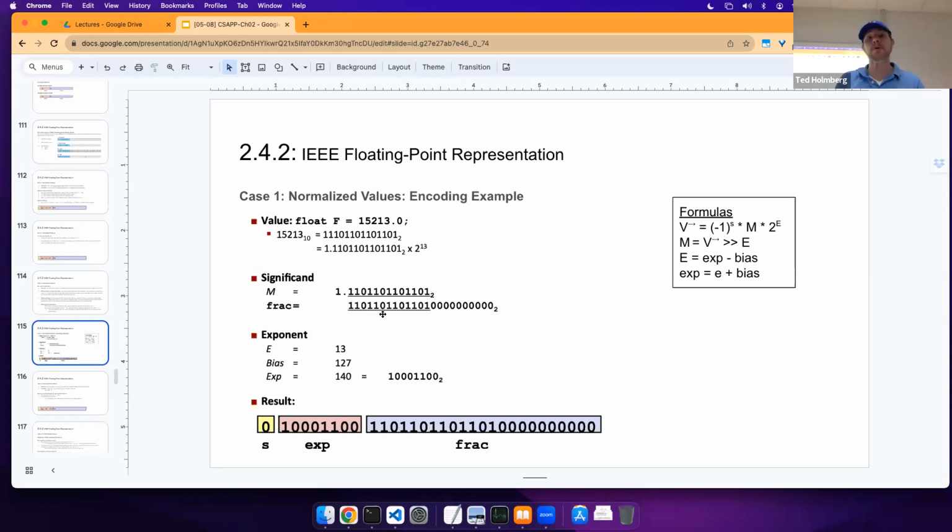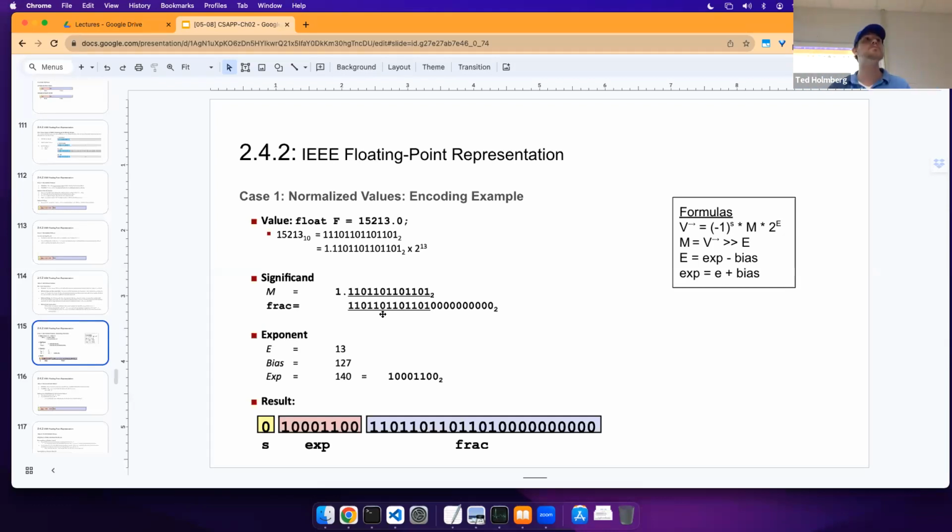So let's look at our exponent value. Well, we already said that it's 13, but in order to actually encode that value into my exponent field, I have to add the exponent value to whatever the bias term is. And the bias term is based off of the word size of our floating point number.